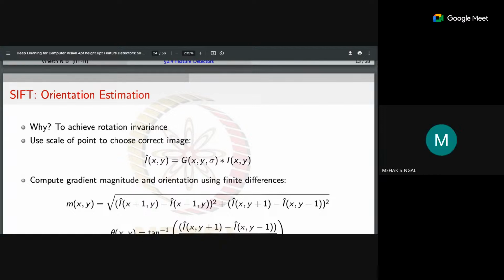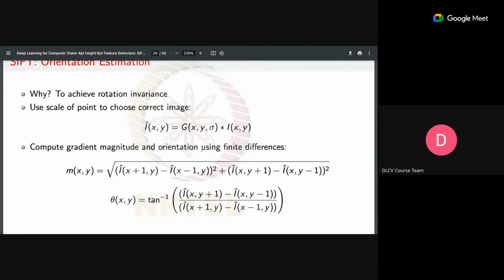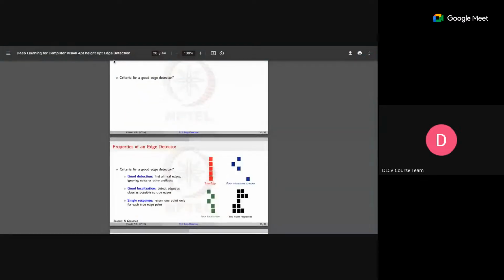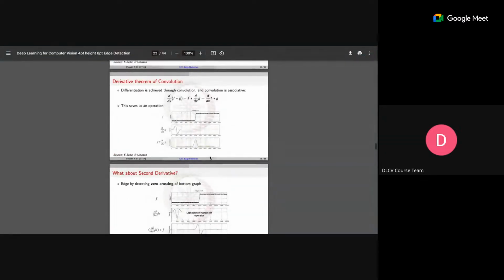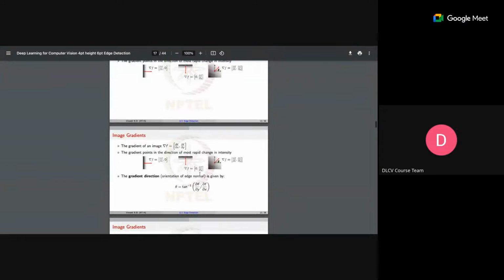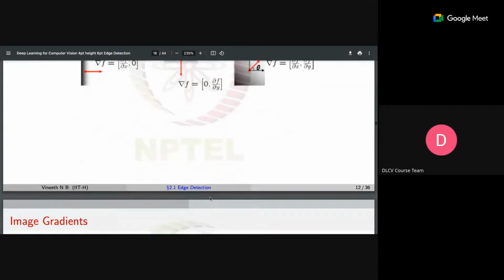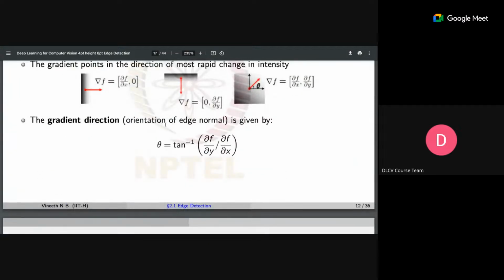So again, we use the gradient, the scale of the point, to choose the correct image, and you compute the gradient magnitude. Do you remember this particular slide in the previous step? You can use the image gradient to get the orientation.